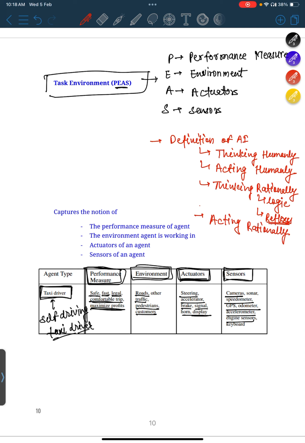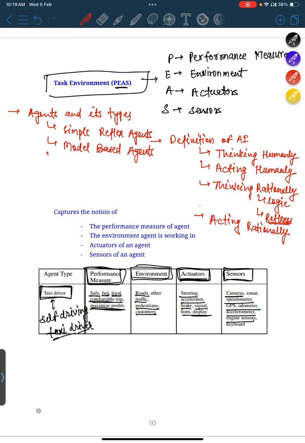So we talked about the definition of AI, then we talked about agents in AI and types of agents. We talked about four types of agents: simple reflex agents, model-based agents, goal-based agents, and utility-based agents.